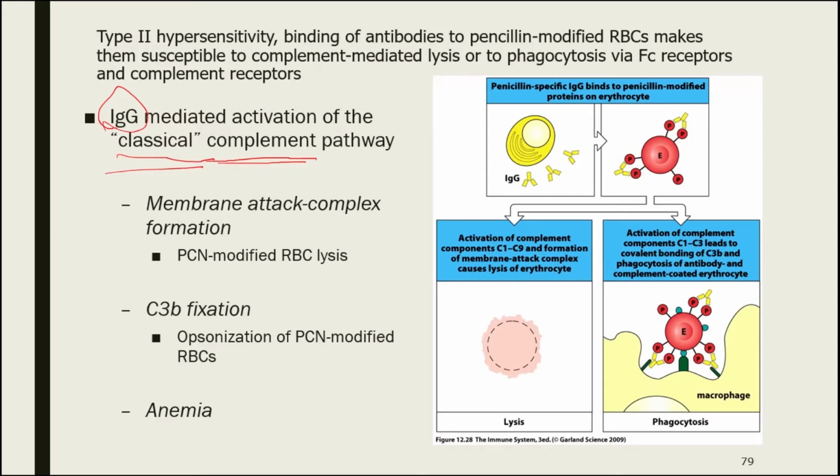Instead of lysing the bacteria, now you're lysing the red blood cell, so therefore we have hemolytic anemia. You also activate C1 to C3, which leads to further opsonization by the antibody and engulfment by the macrophage, causing a cascade of reactions and leading to the major symptom, anemia.